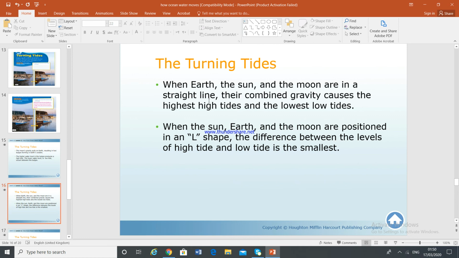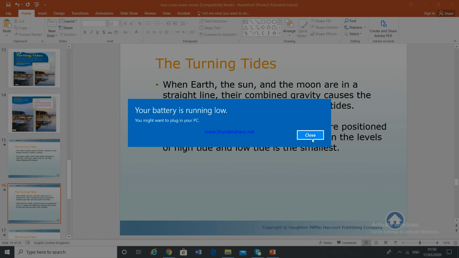If they're high, they'll be the highest high tide. So this is what you have to know about what happens when Earth, Sun, and Moon come into a straight line. The combined gravity causes the most dramatic difference in the levels of the tides. That's why I say that there are highest high tides and lowest low tides when the Earth, Sun and Moon are in a straight line.